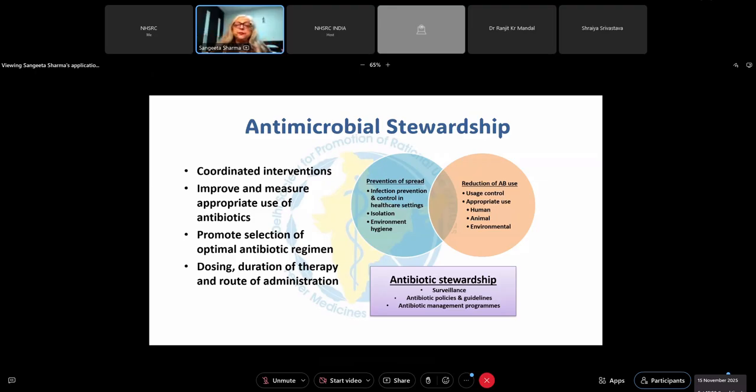So stewardship is about coordinated interventions, and then you need to do the surveillance to find out the extent of this problem, whether the policies and guidelines are in place, and if they are in place, whether they are being followed or not.